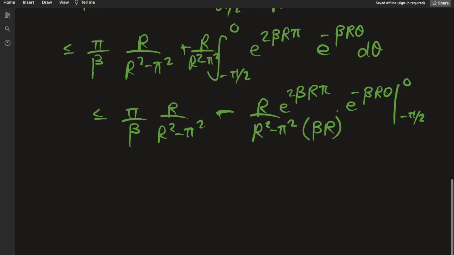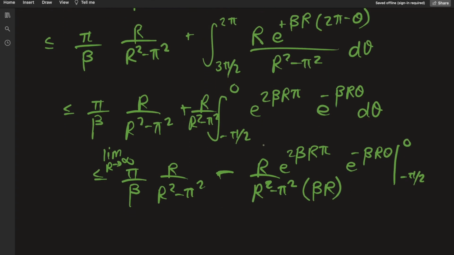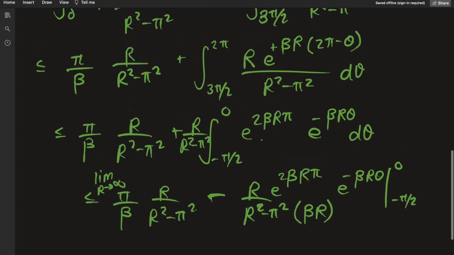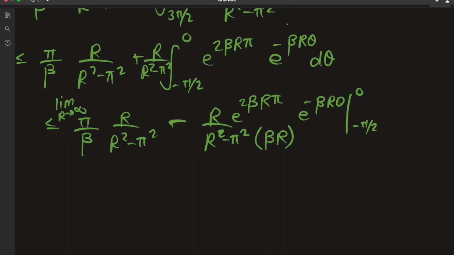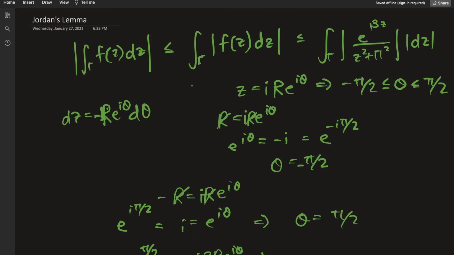But whatever this is, I'm not going to evaluate it. If you take the limit as r goes to infinity, this will just go to 0 because the denominator is always going to be larger. And that's precisely what's making everything go to 0.